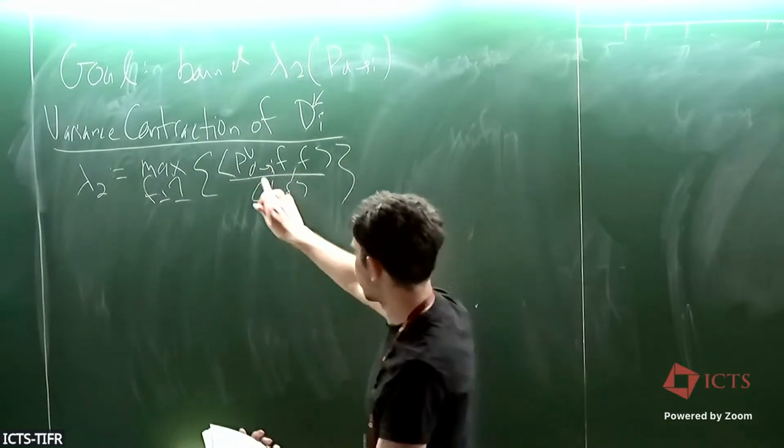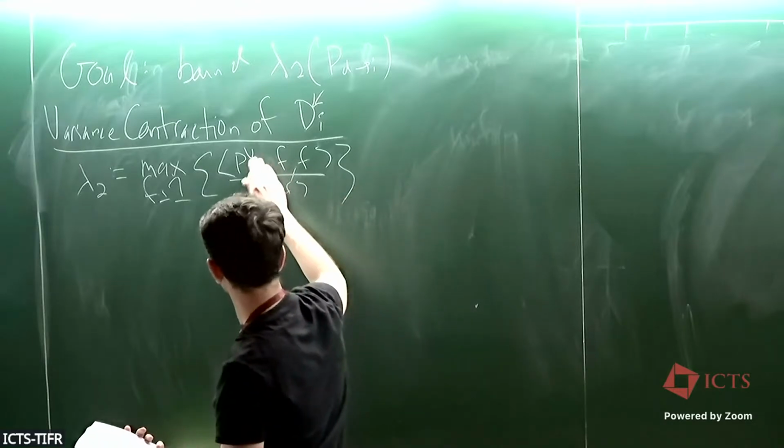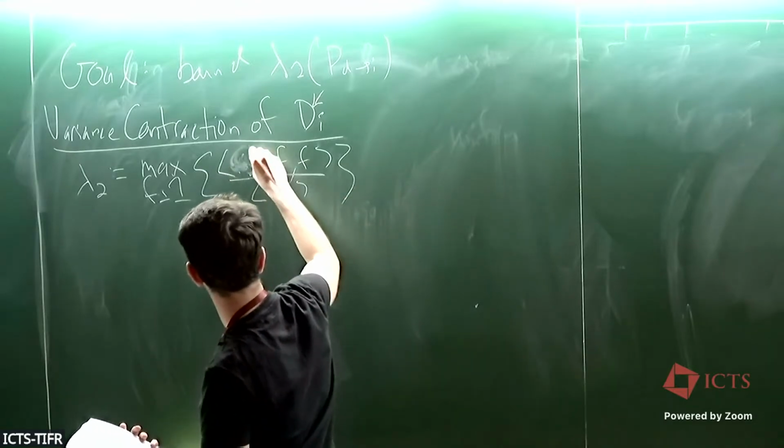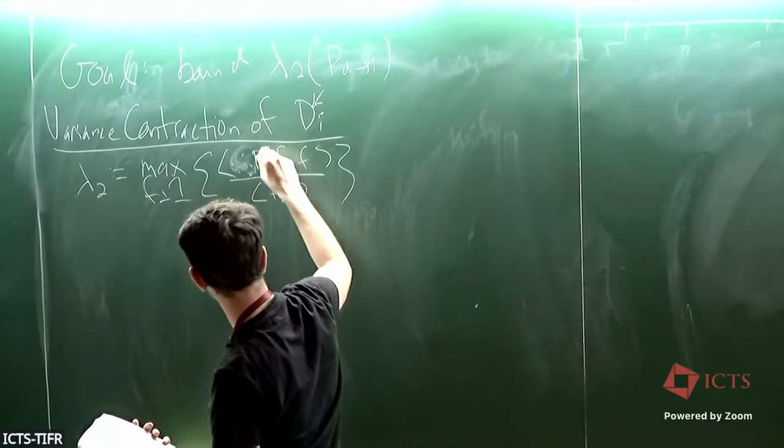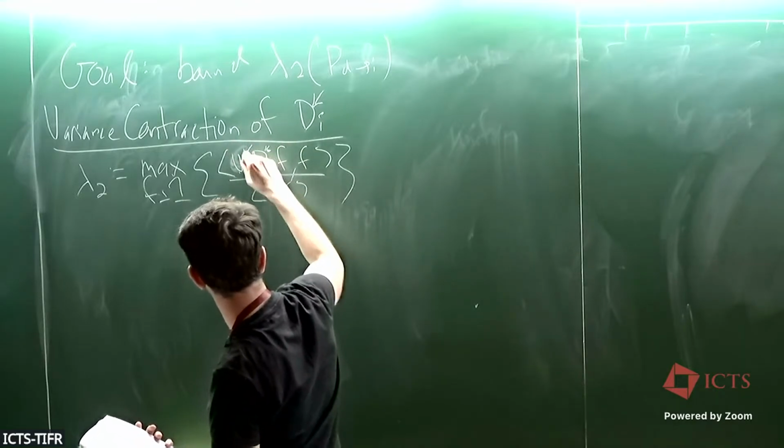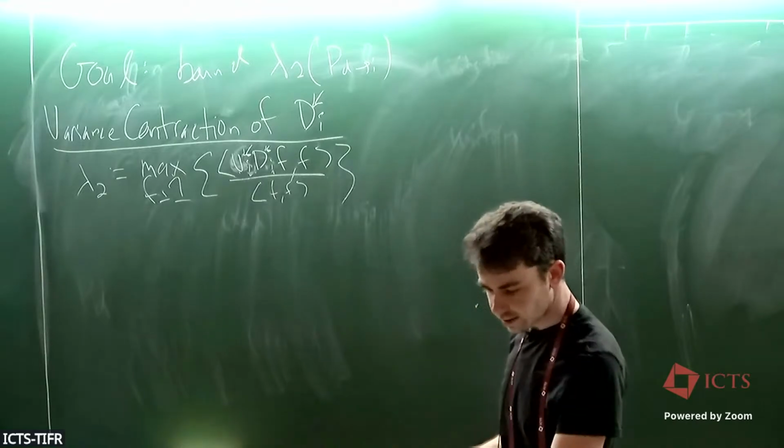And remember that this operator is just D_I U_I. We'll write it like that.